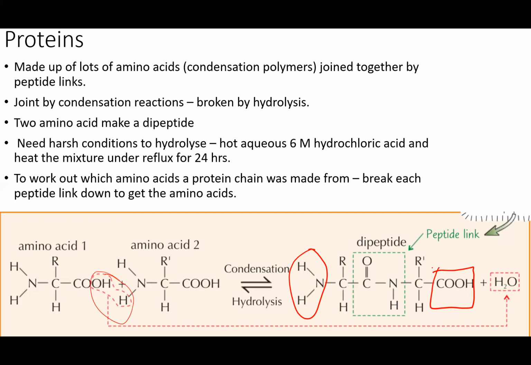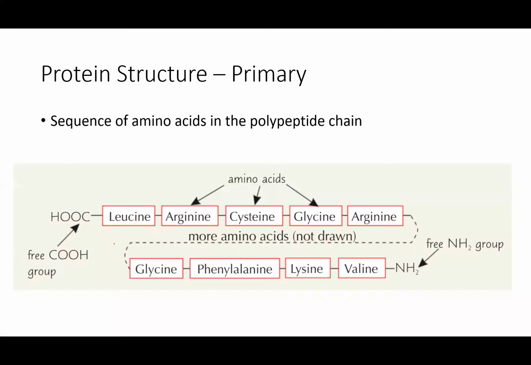All you do is break each of the peptide links down the middle, and then you either add a hydrogen atom or an OH group to each of the broken ends to get the amino acid back. So for example, with this one, we'd add the OH group to amino acid 1, and we add the hydrogen to amino acid 2. Again, if this isn't ringing any bells, go back and have a watch of the condensation polymers video.